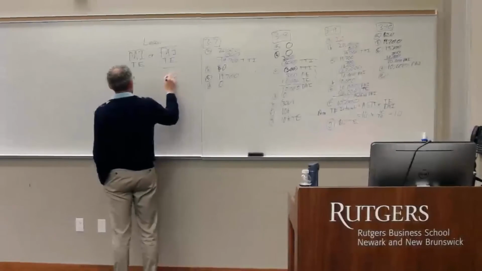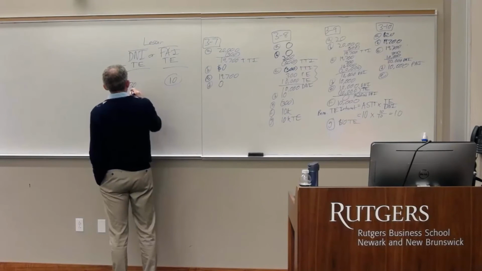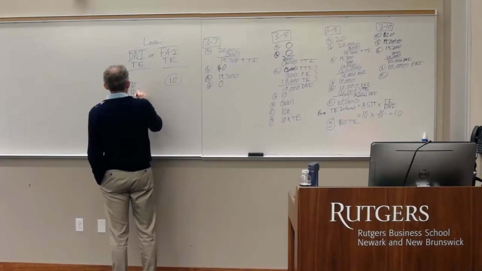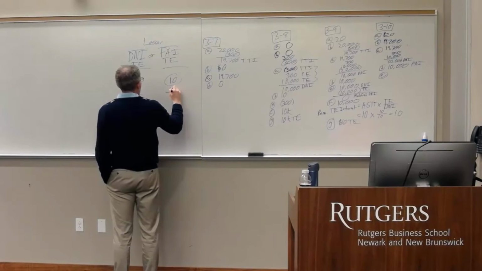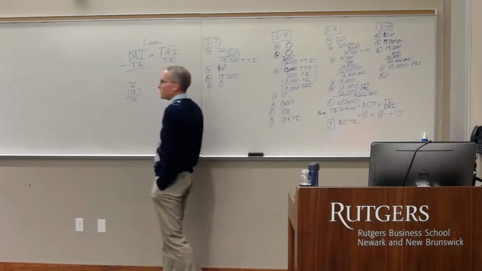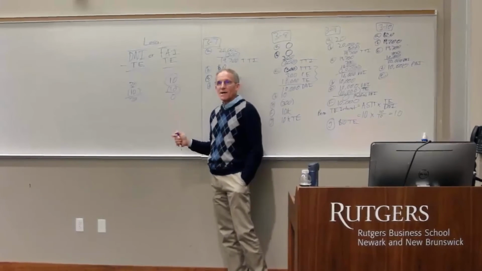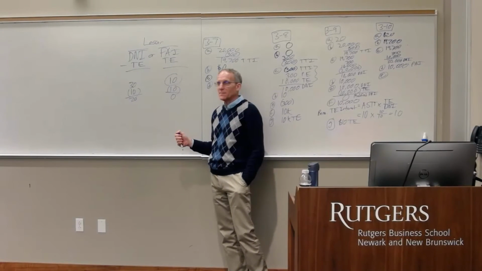Which is the lesser of the two? Last I checked, it's 10. I mean, we'll go through this. What's the tax exempt? 10. So which one produces a smaller deduction? The modified fiduciary accounting income.